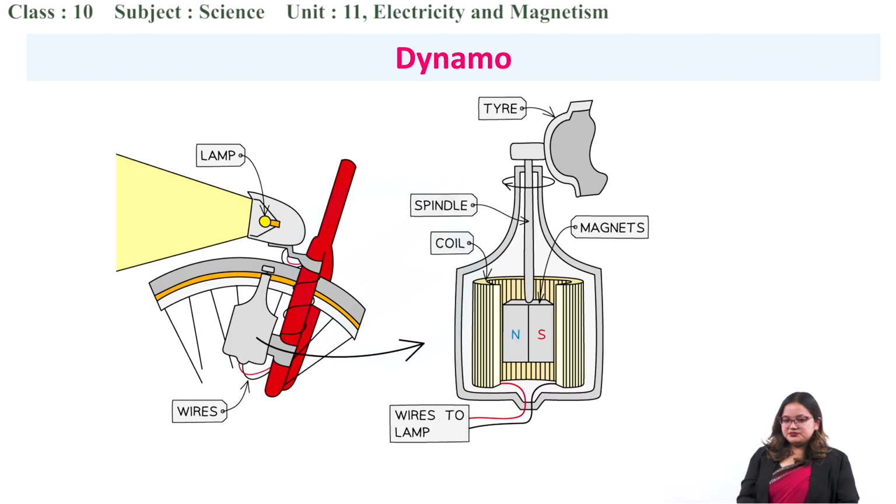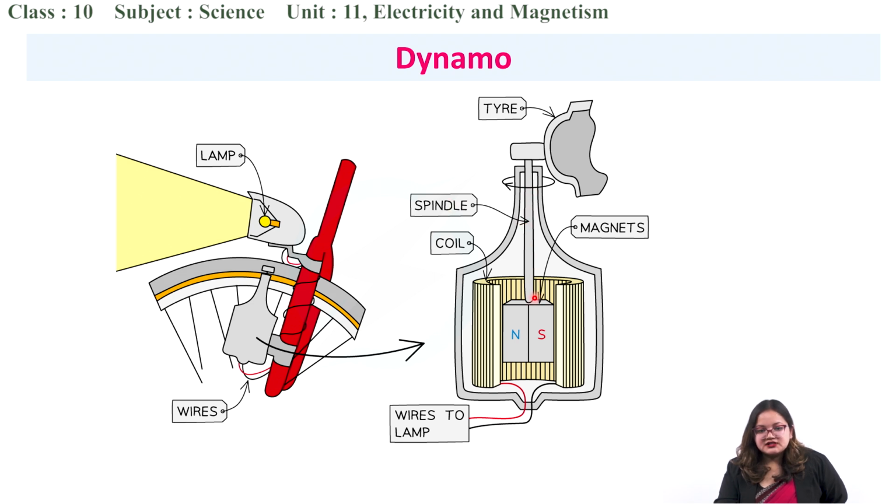Okay, again, do not panic when you see these diagrams. I'm going to explain it to you one by one. First, let's not look at the other image. Let's just look at this part. Here you can see the head part of this dynamo, and this dynamo is connected by an arm which is also known as spindle.